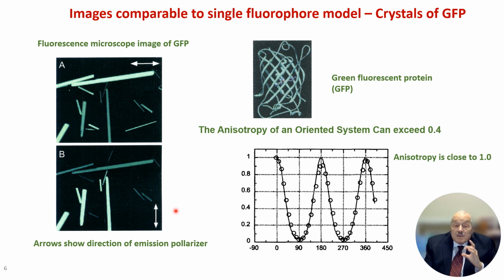What is the emission polarizer looking at? That's rotated, and when you rotate it, the intensity goes all the way down to 0, up to a normalized value of 1, down to 0 again. So that proves our assertion that if you had a single molecule around the z-axis, you could get an anisotropy of 1, but you'll never see that in practice with the random distributions that you looked at.